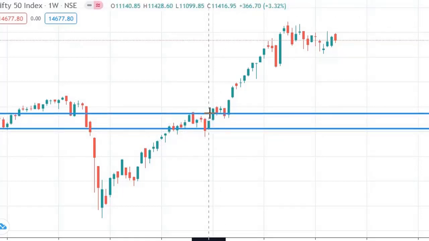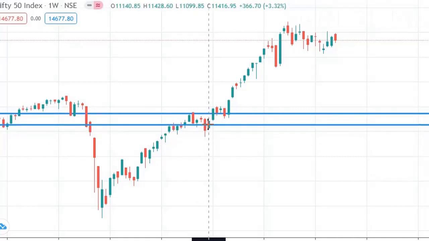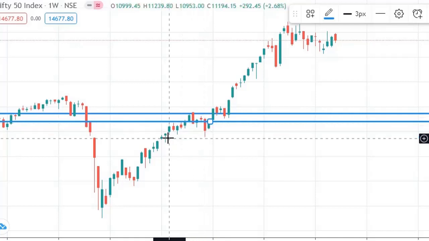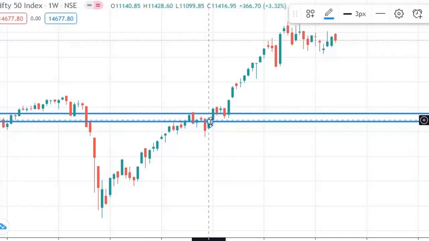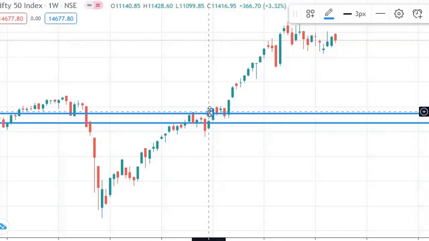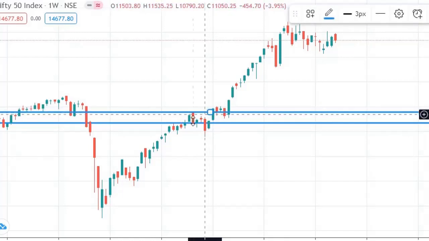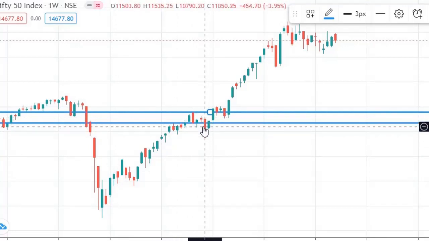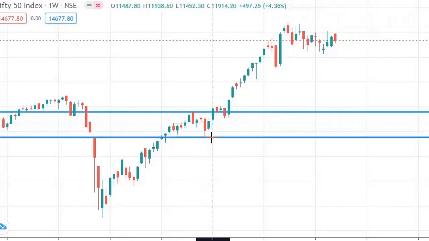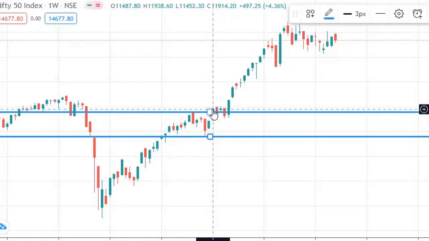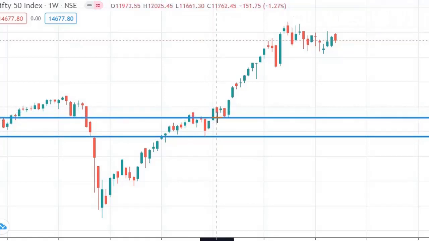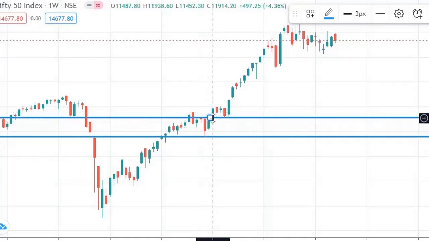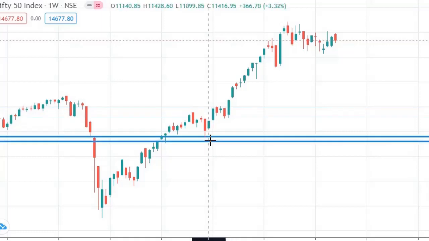This red green bar, this red bar close downside, sorry, red bar close downside, so we are going to see this. We will mark this. Now 1, 2, so for 2 weeks it was inside this range and then came. Again reversal happened.